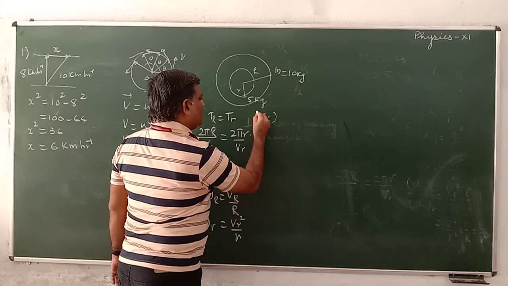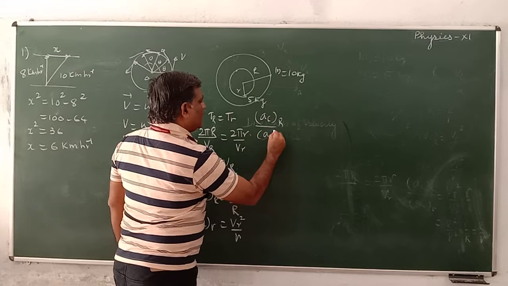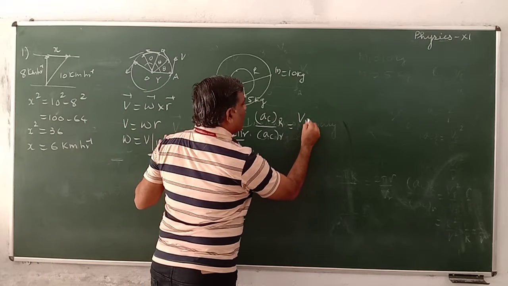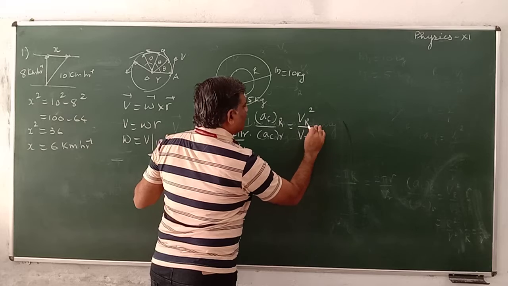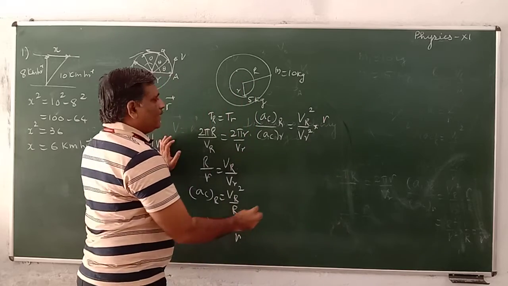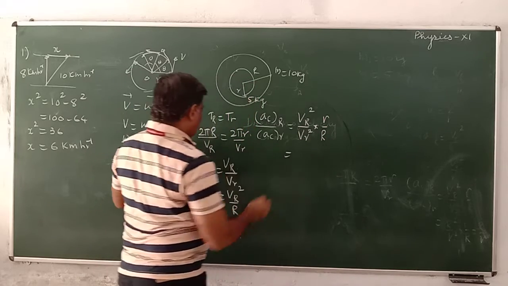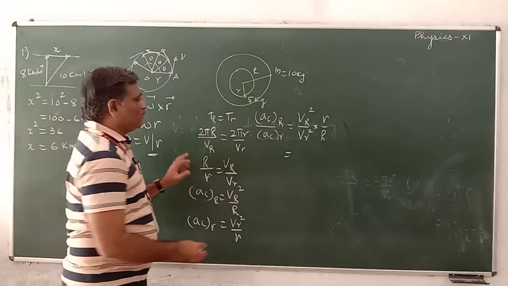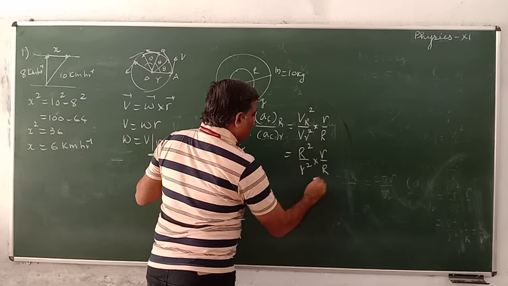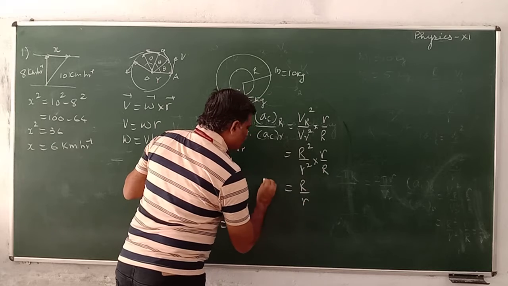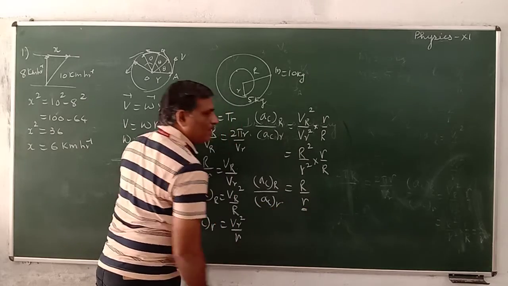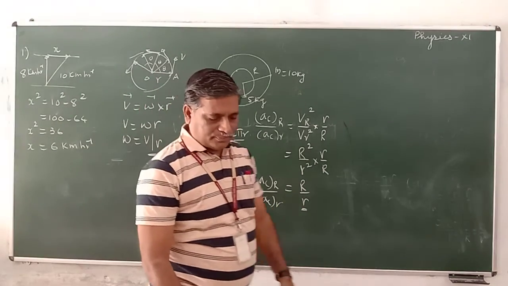Ratio of these two, AC R divided by AC r is equal to VR square by Vr square into small r by capital R. This value VR by Vr is R by r, so it becomes R square by r square into r by R, so the ratio of their accelerations is equal to the ratio of their radii. This is the right option.